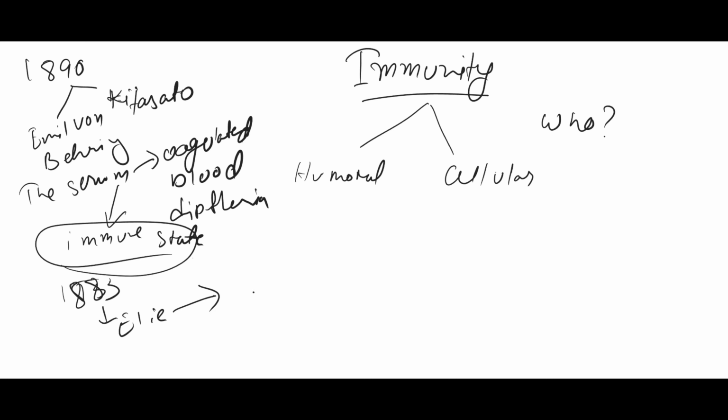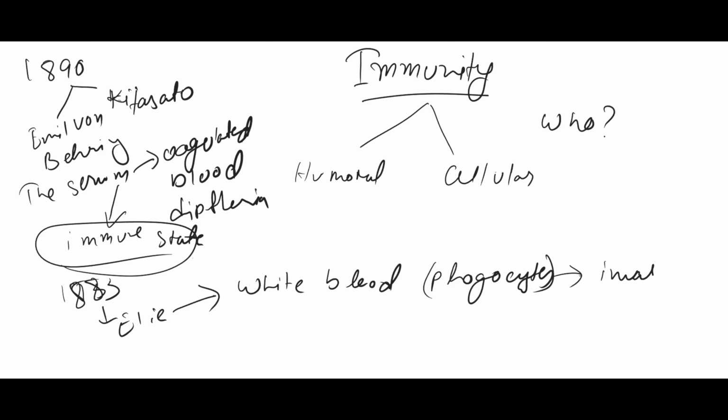He observed that some white blood cells, which he named phagocytes, were more active when there was an invasion by foreign particles. These phagocytes were more active in animals that had been immunized.